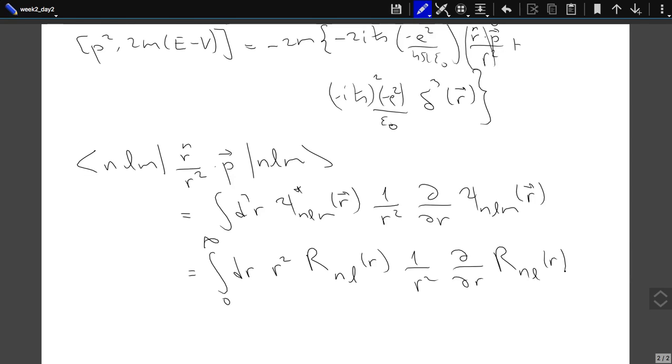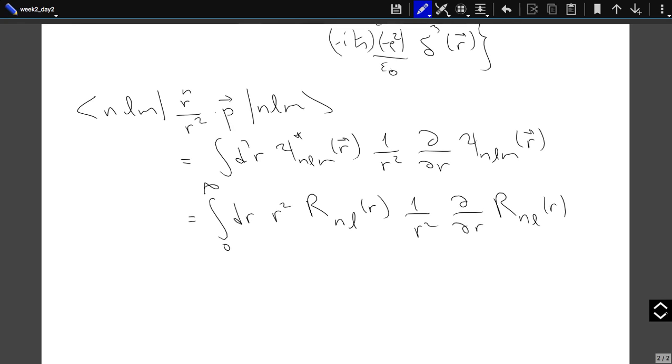I don't write the complex conjugate anymore because the radial part is real. Well, this is nice. The r squares cancel. So what I am left with is 1 over 2 R n l squared, evaluated from r equal to 0 to infinity.